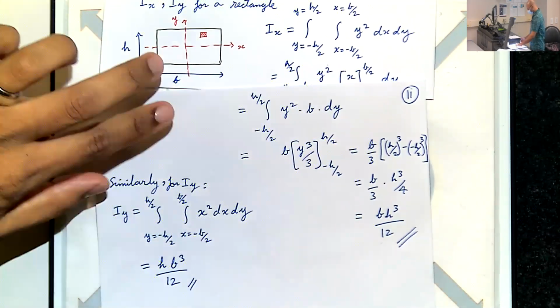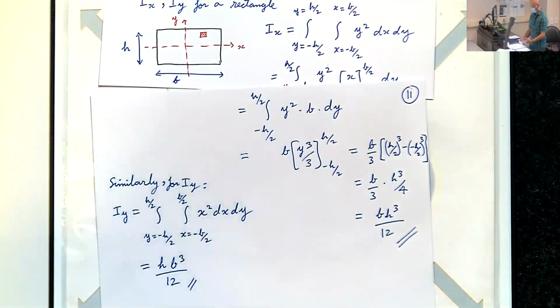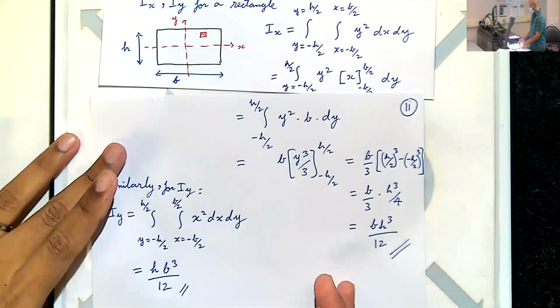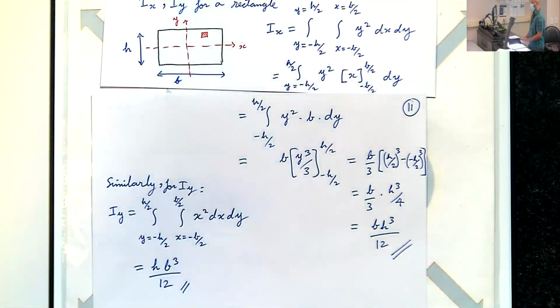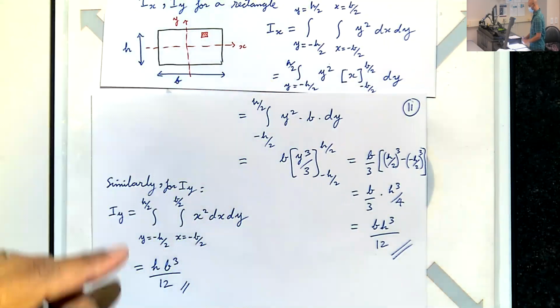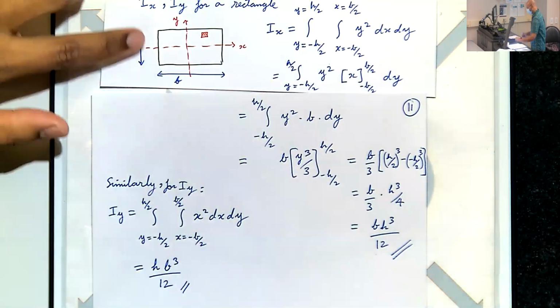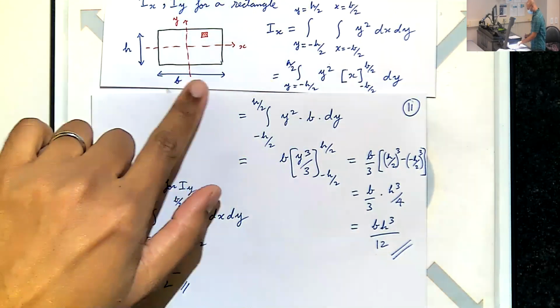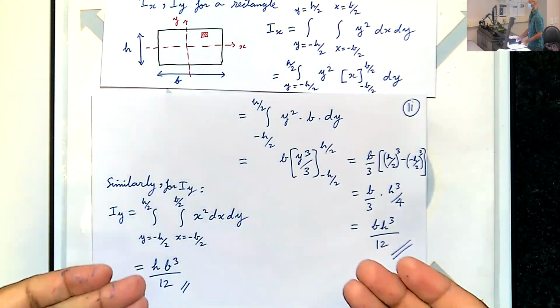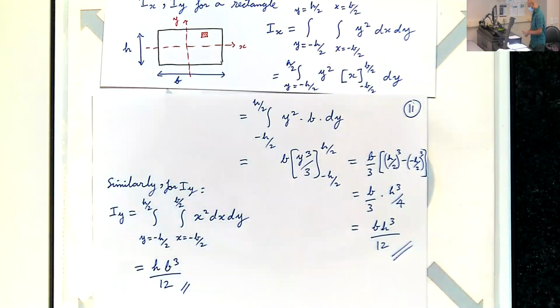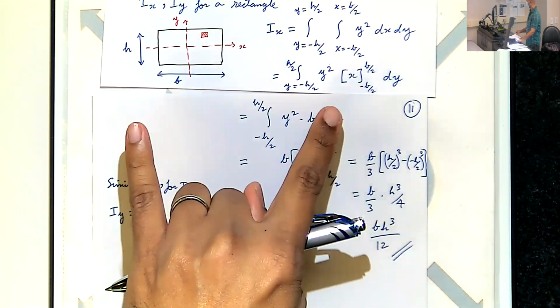Because moment of inertia doesn't care about which one we specify to be the x-axis, which one we specify to be the y-axis. It could just easily have been swapped, right? So in that case, this would have been our b, and the other one would have been our h. So it has to be symmetric. All right, perfect. So this is how you do it analytically.